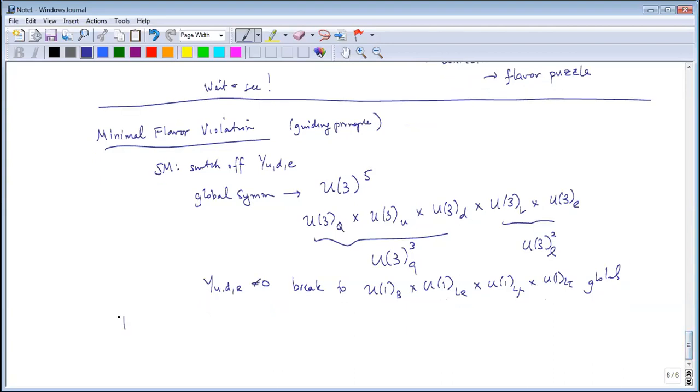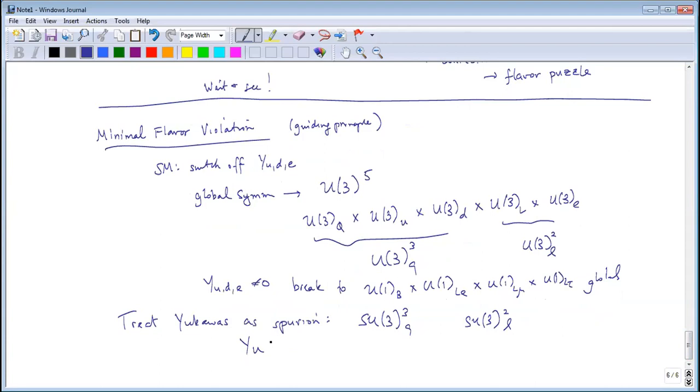Okay, and so the idea is to say, okay, let's imagine that this is a real symmetry and let's treat the Yukawas as some sort of spurion field, some auxiliary field that breaks the symmetry. Okay, so in the quark sector, let's talk about the SU(3)^3 for the quark and the SU(3)^2 for the lepton.